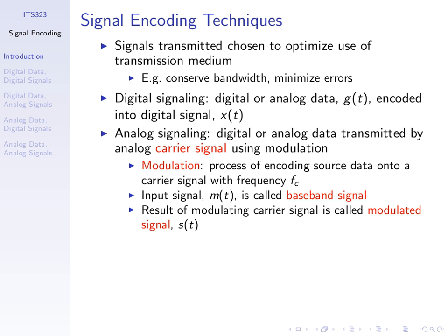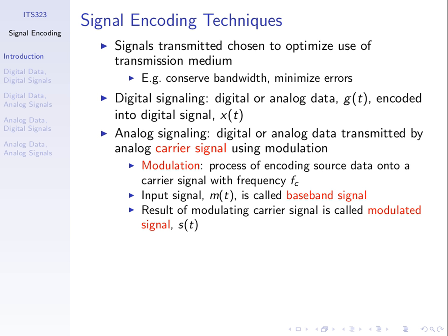Recall there are 2 types of signals, analog or digital. And we've got 2 types of data, analog or digital. So what we do is we take our data and convert it to a signal that can be transmitted. Digital signaling is when we send a digital signal.